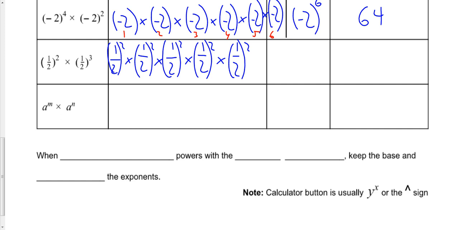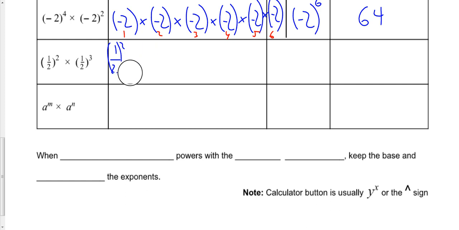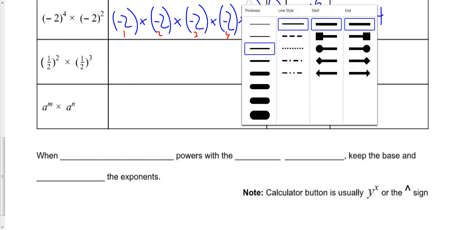Let me correct that to avoid any error going forward. It's not 1/2 squared, it's just 1/2 times 1/2 times 1/2 times 1/2.